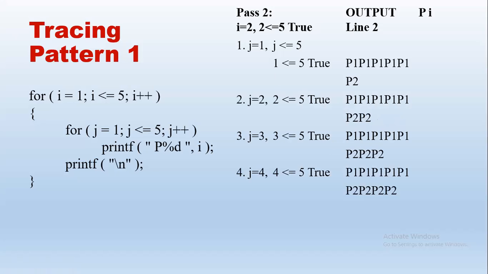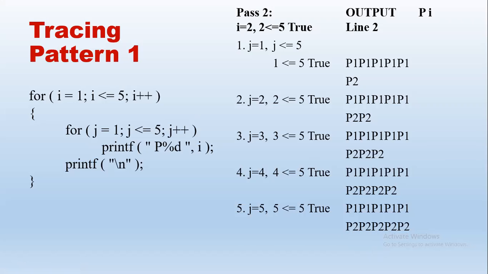Then step 4, J becomes 4, condition true, and P2 is printed for the fourth time. Then J becomes 5, condition true, so 5 less than or equal to 5, and P2 is printed for the fifth time. Every time we are printing Pi, which is the value 2, and it executes 5 times. So till here we see that P2 has been printed 5 times, right?